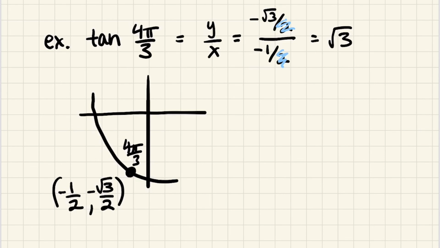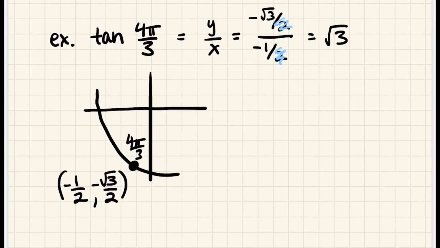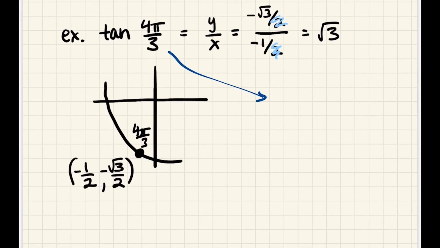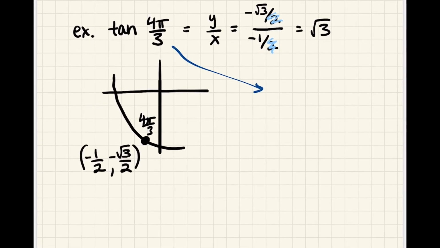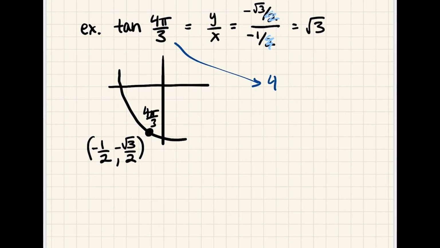Now, I want to stress that I'm not here to force you into a particular method. If you're perfectly happy taking this 4 pi over 3 and going, well, 4 pi over 3 is 4 pi over 3's, right, which is 4 times 60 degrees, because pi over 3 is 60, which is 240.